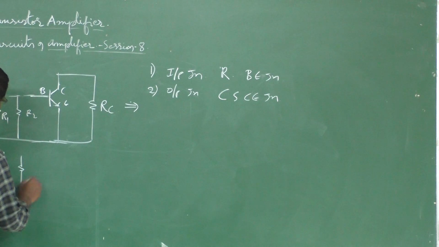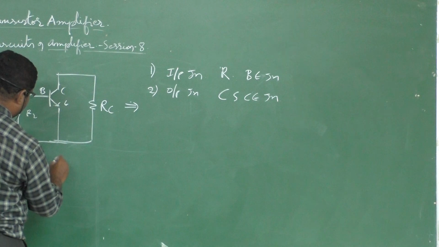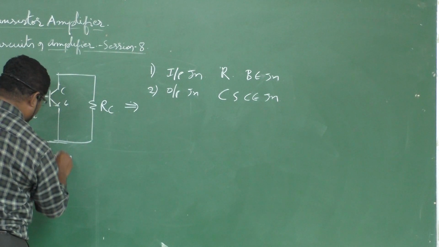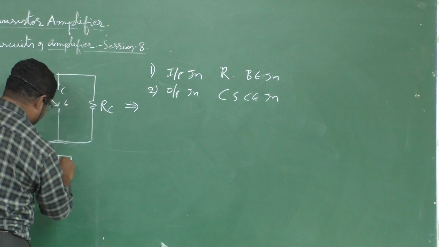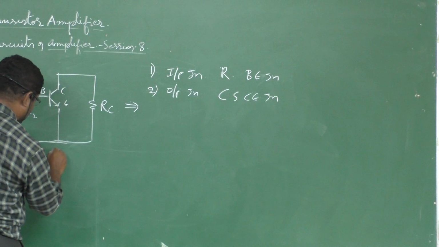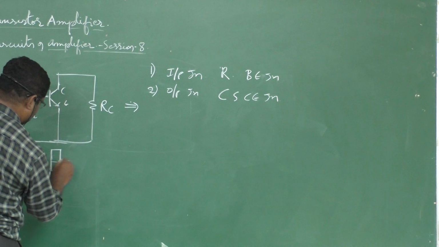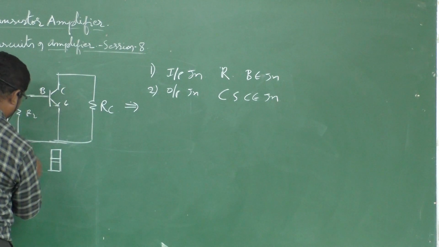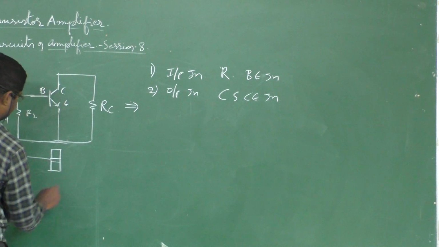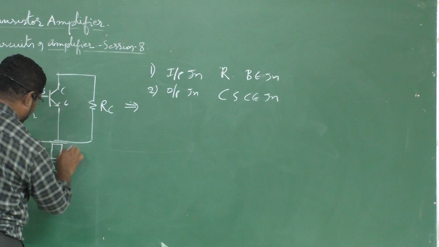So that is R1, that is R2, and this circuit, how I can write is like this. So this is emitter. Input is given to the base, and emitter is common, and the collector is a little bit larger.